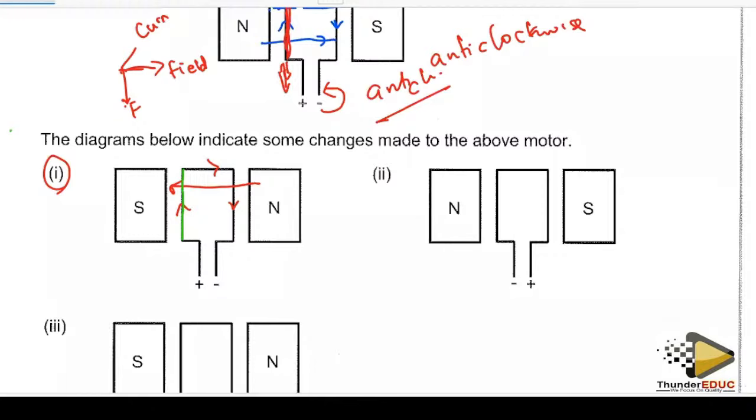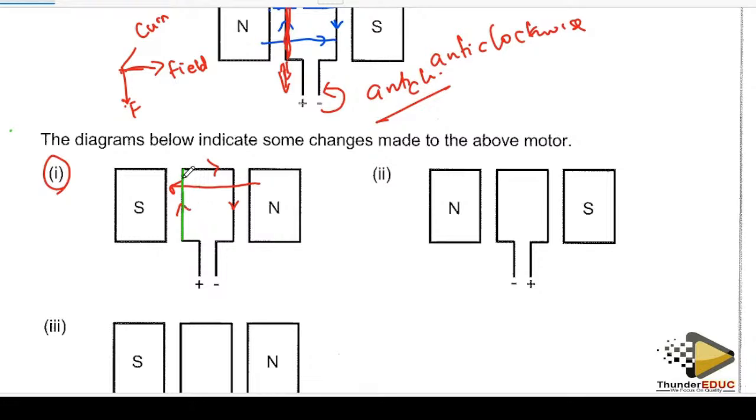From our Fleming's left-hand rule again, when I try to twist this, I'm looking at this green line.